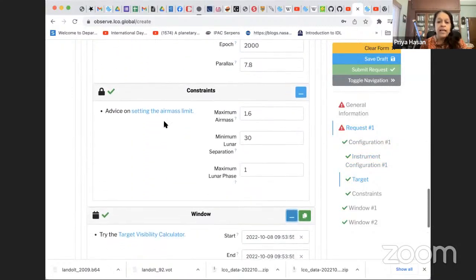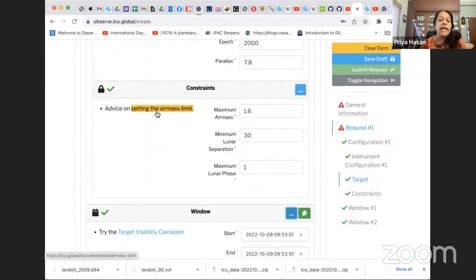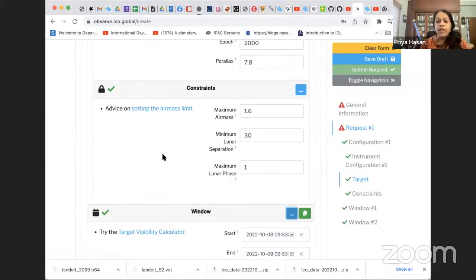Now you can also apply an air mass limit. Like I told you, the air mass is 1 right on top at zenith. This one is taking maximum air mass. You can, for example, state that I want it to be with maximum, I can take so much of an air mass. Similarly, if the moon is out, we know that just now the moon is out, tomorrow is full moon, and therefore it's going to tell me the minimum lunar separation.